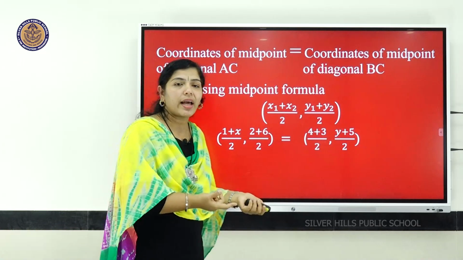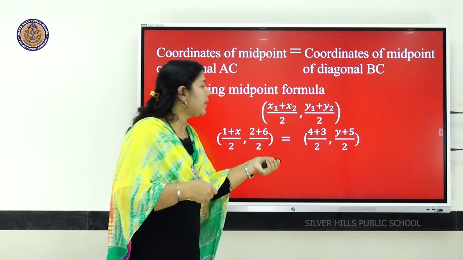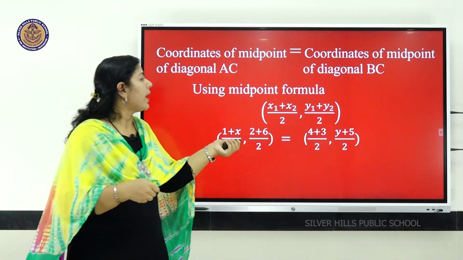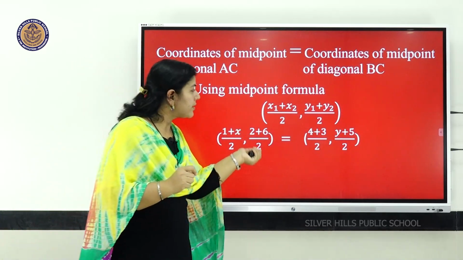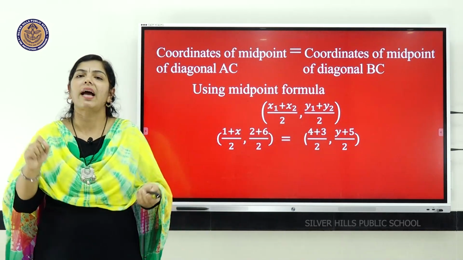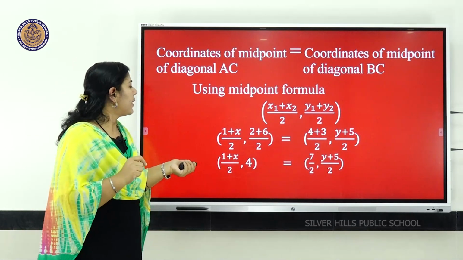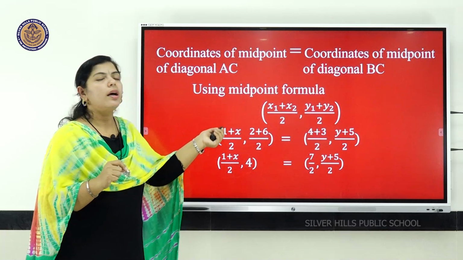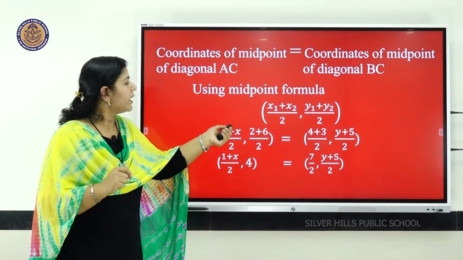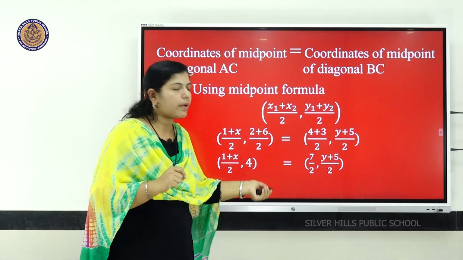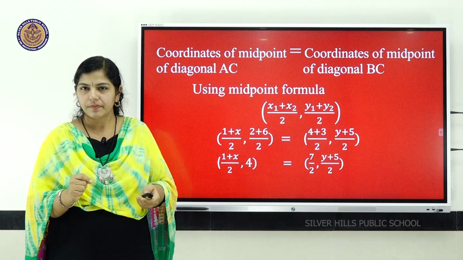Similarly, for diagonal BD, 4 plus 3 by 2 comma y plus 5 by 2, those are the x coordinate and y coordinate of diagonal BD. So, what it becomes: 1 plus x by 2 comma 6 plus 2 is 8 by 2, which is 4, and on the other side 4 plus 3 is 7 by 2 comma y plus 5 by 2.